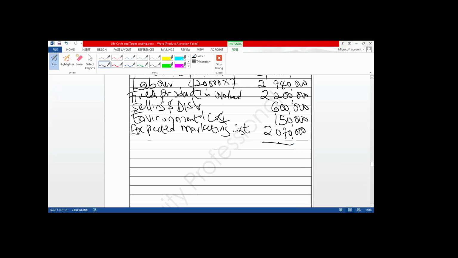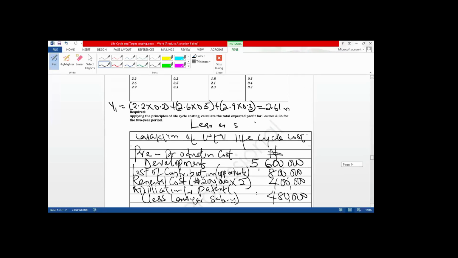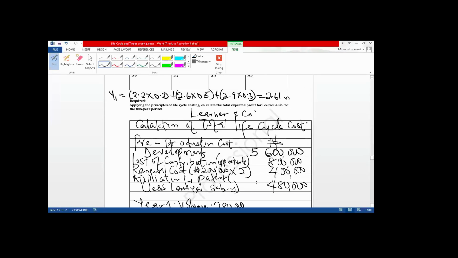You can now sum all your costs and get your total life cycle cost. Please take your calculator. Let's start from the beginning.